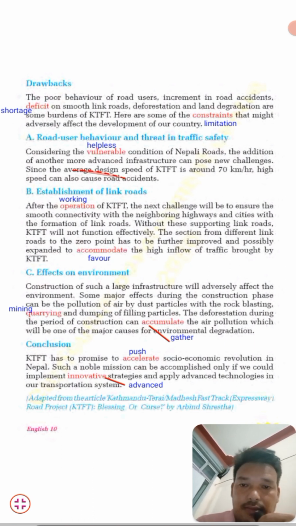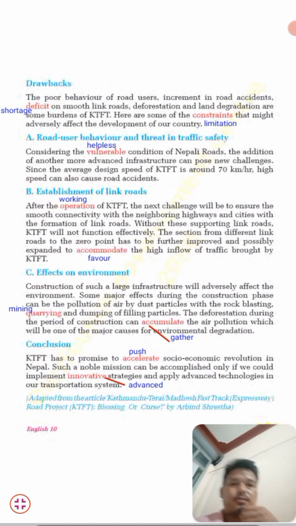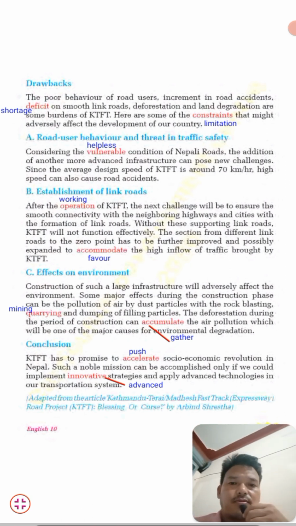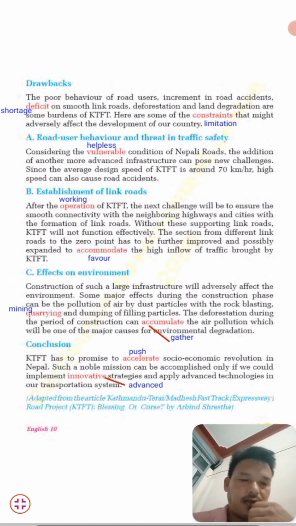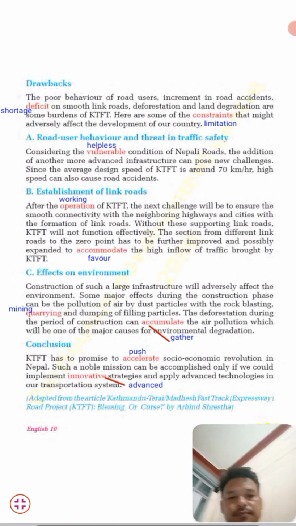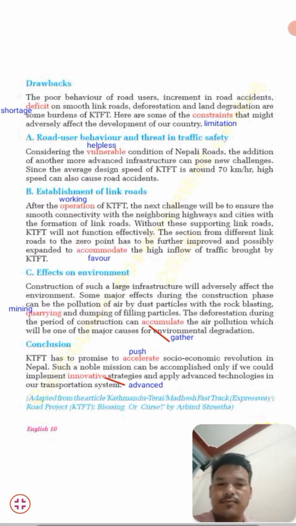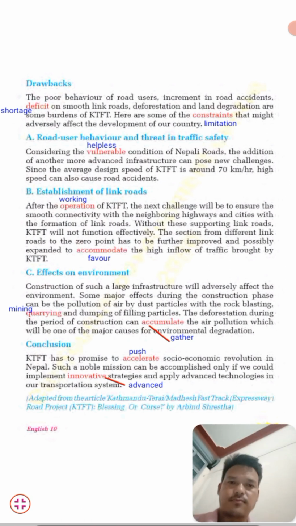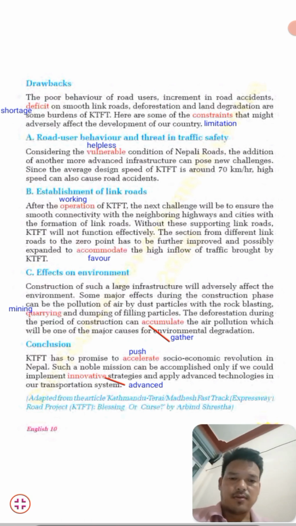Since the average design speed of KTFT is around 70 kilometers per hour, high speed can also cause road accidents.